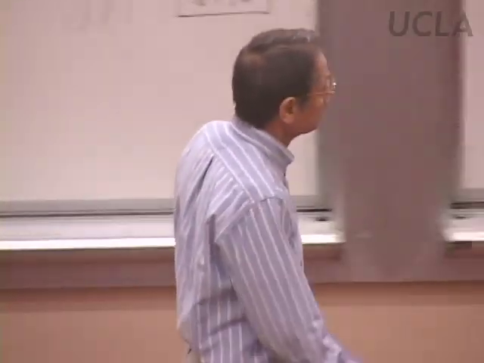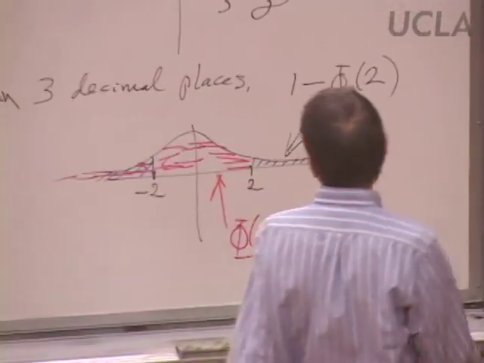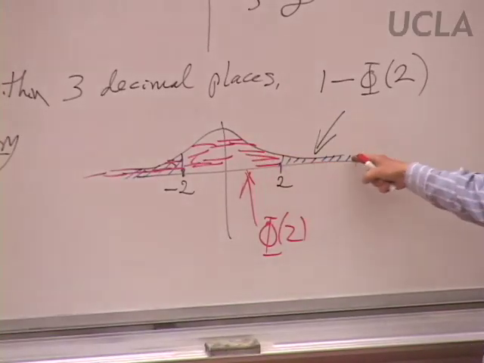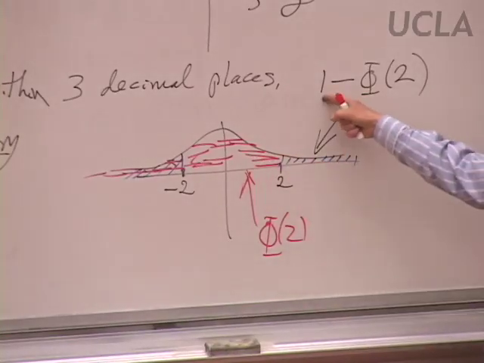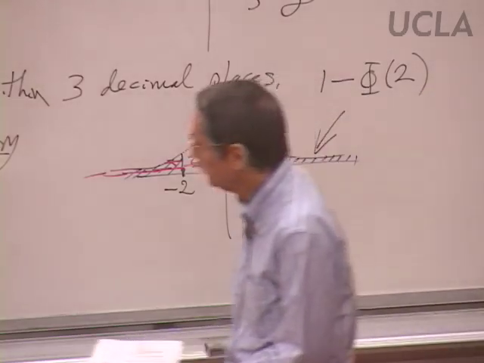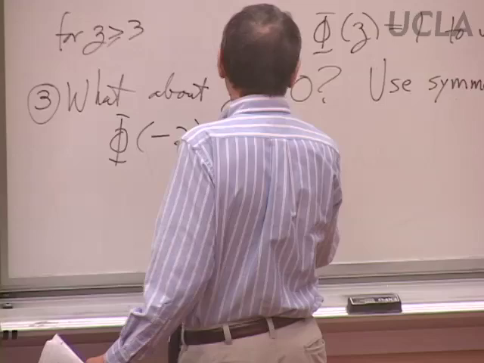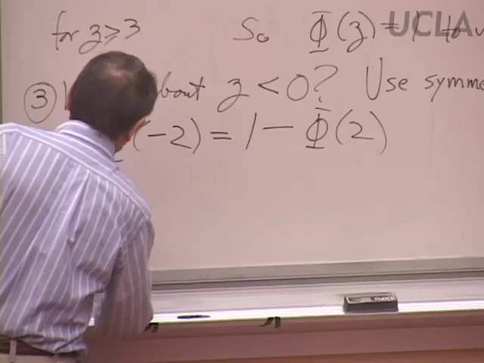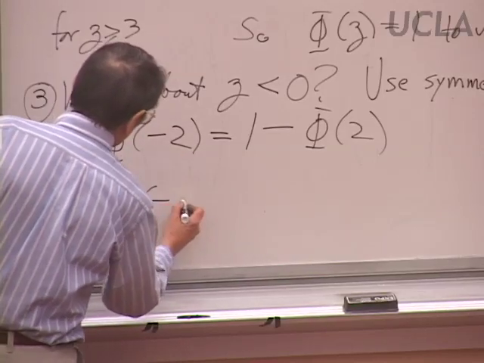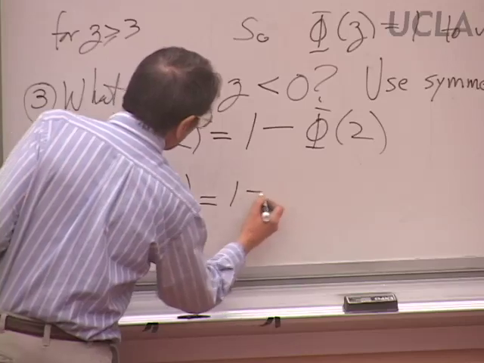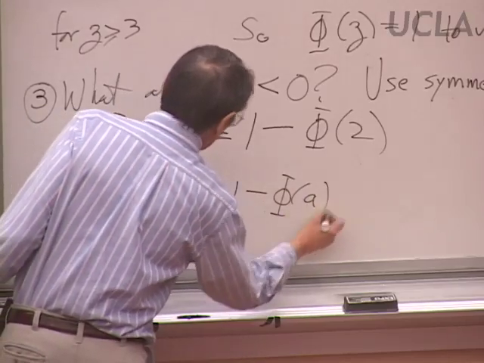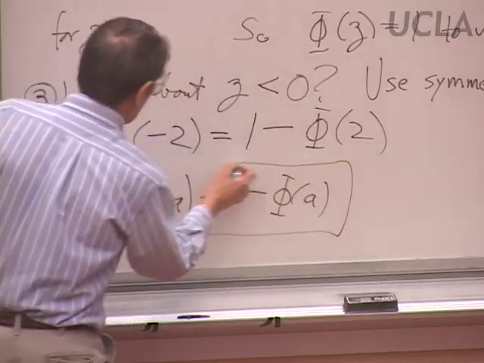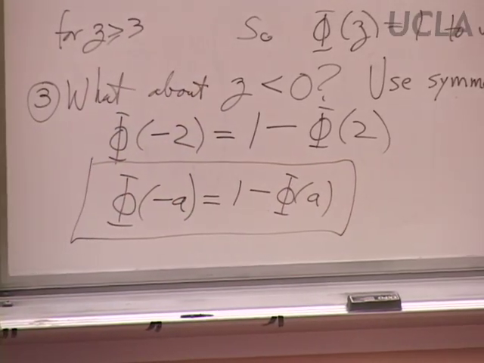So what we want is what's not phi of 2, the right-hand tail. That's looking at the complement of the event. The total area under the bell curve is 1, so we're taking 1 minus phi of 2. There's nothing special about the number 2. Phi of minus a is 1 minus phi of a. And that lets us take care of negative numbers.